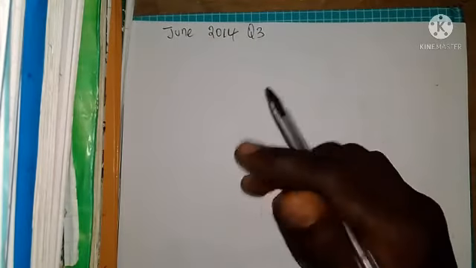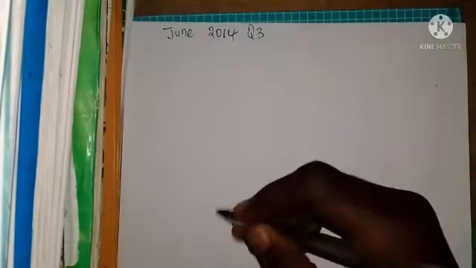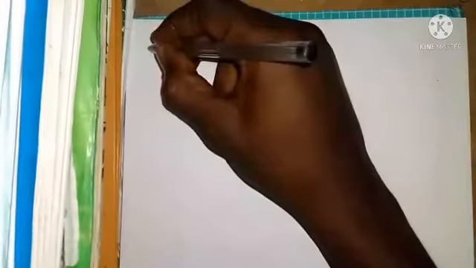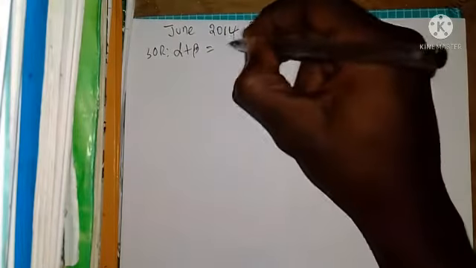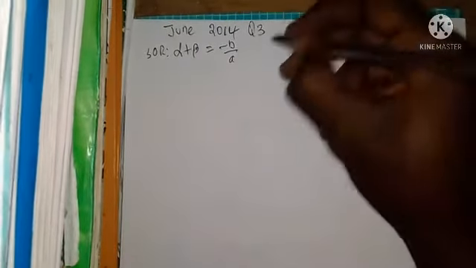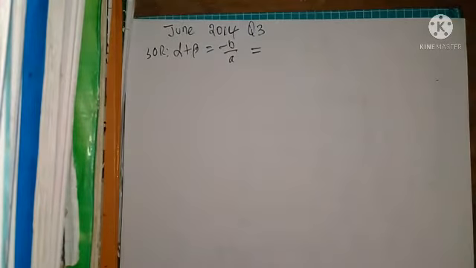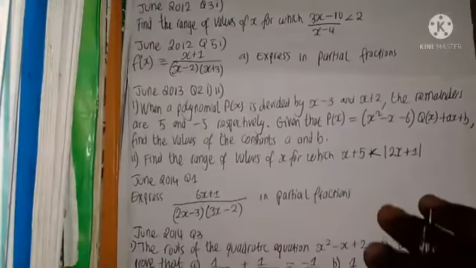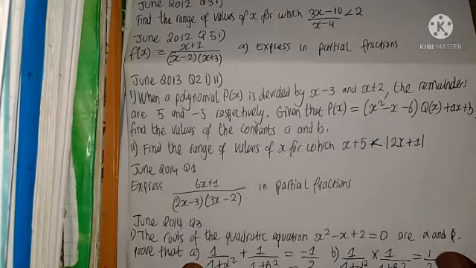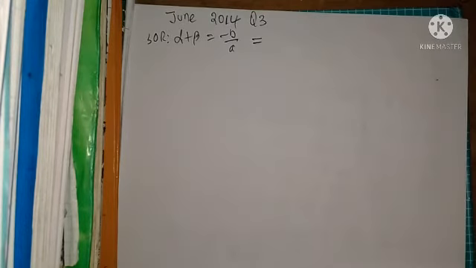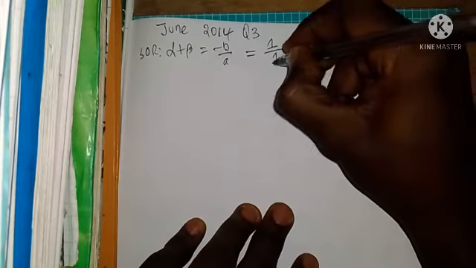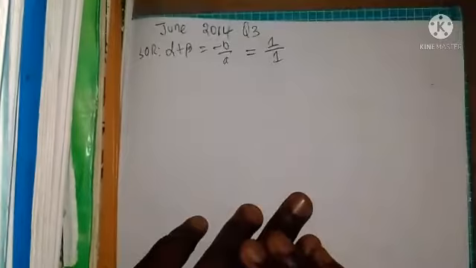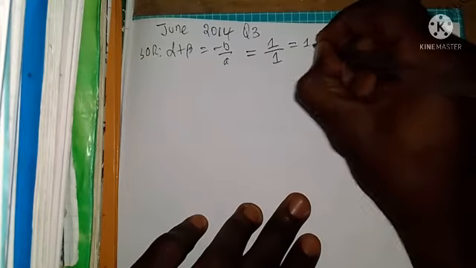We know that with alpha and beta as roots, the sum of roots, which is alpha plus beta, is equal to negative b on a. From our equation, negative b has a value of 1, so we have 1 divided by 1, which is negative b on a, and this is equal to 1.